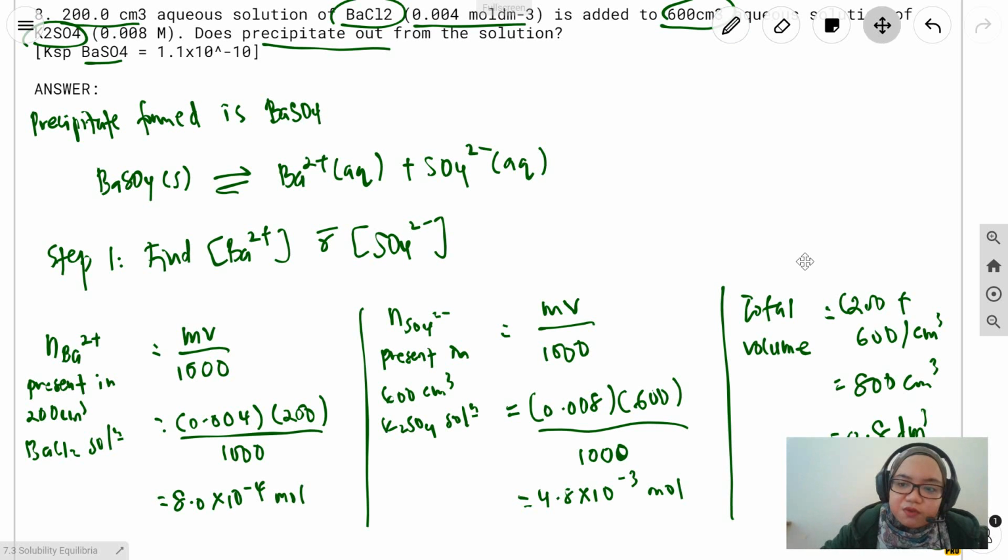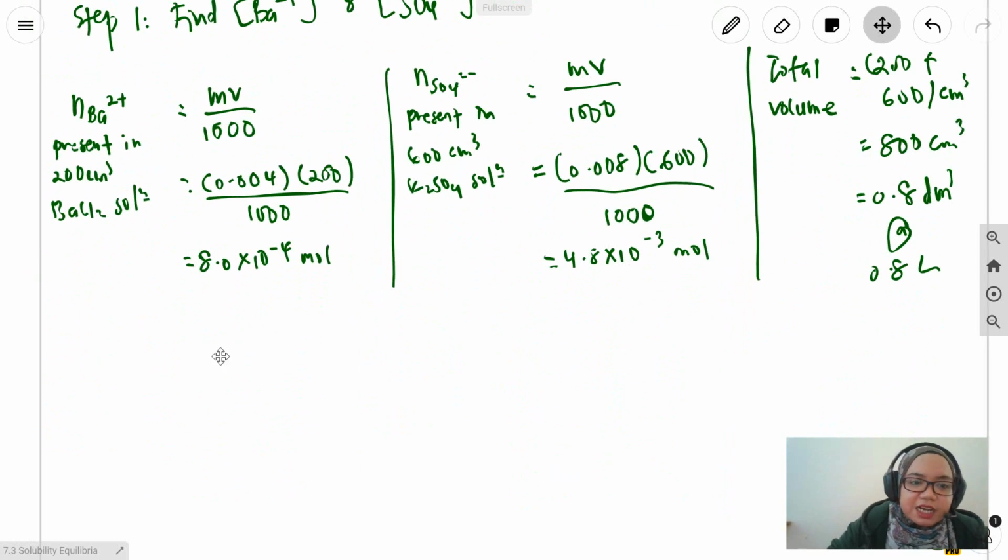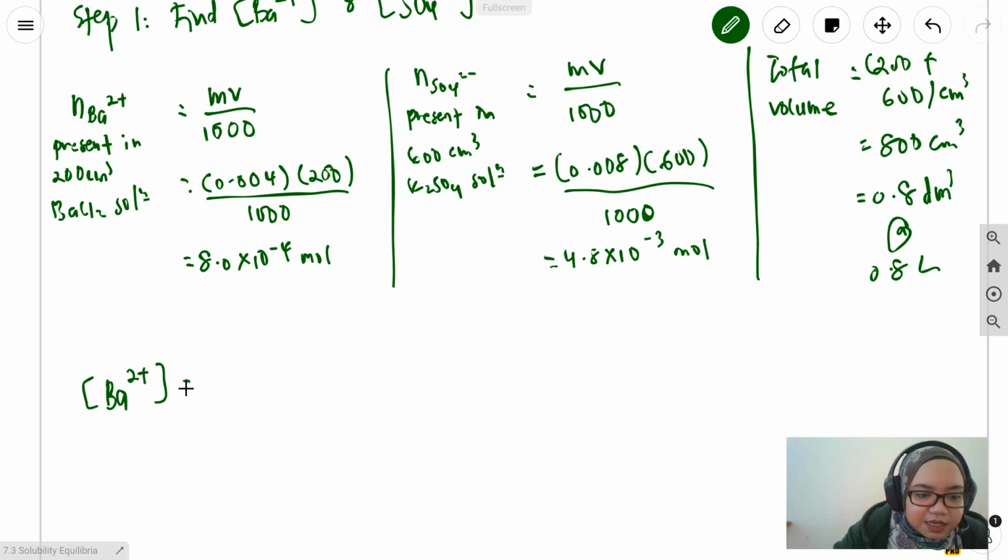Okay, bila dah dapat total volume yang baru, barulah you boleh cari concentration. So sekarang ni nak cari concentration of Ba2+, you will get number of mole of Ba2+ divide by total volume.